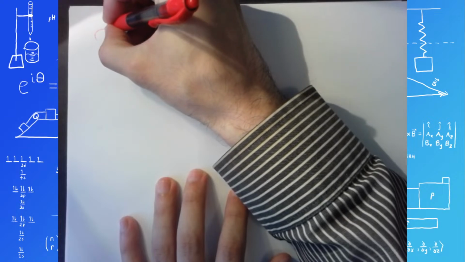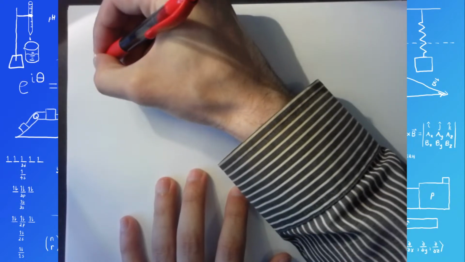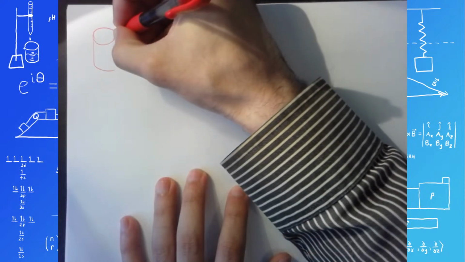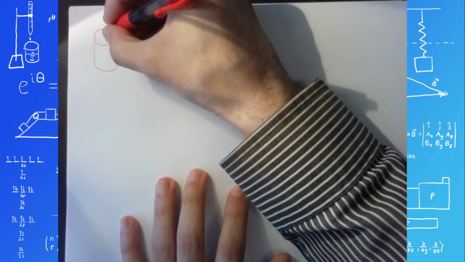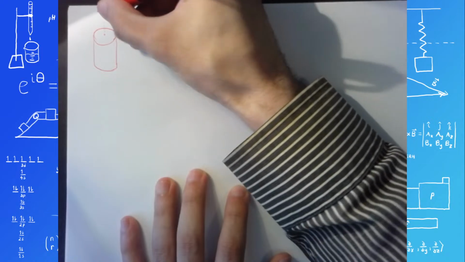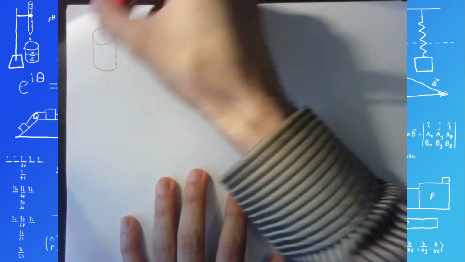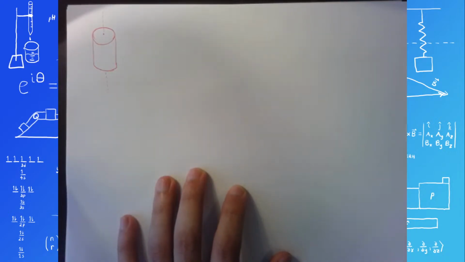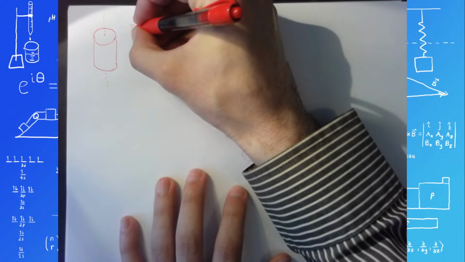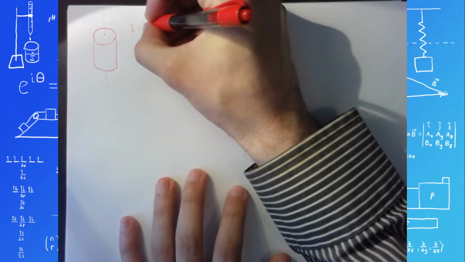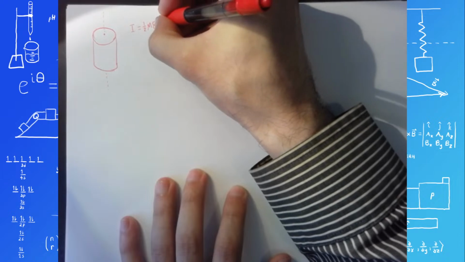We calculated the moment of inertia for a solid cylinder rotating through an axis that goes through its center as shown here. And we were able to get that the moment of inertia for the cylinder is equal to 1/2 of its total mass times its overall radius squared.